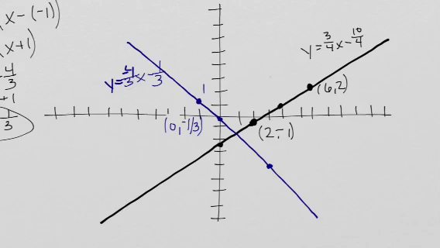So I can label the point (-1, 1). I've already labeled my graph with the equation. So we now have the original line, and the perpendicular line graphed with 2 points labeled on each line and labeled with the equation.